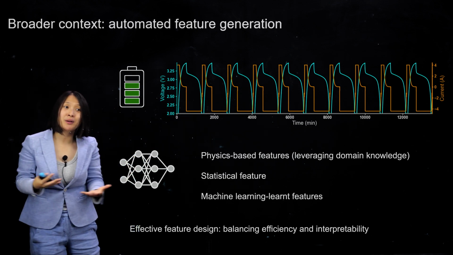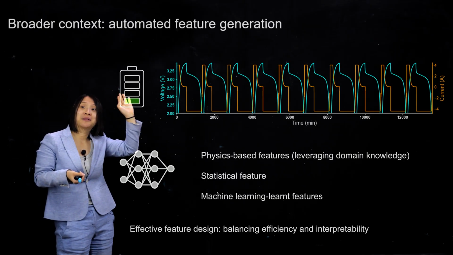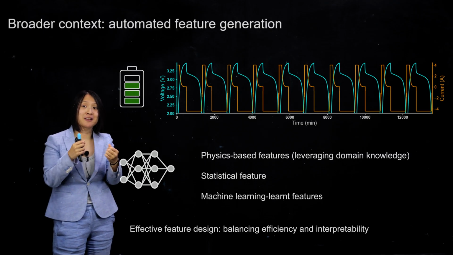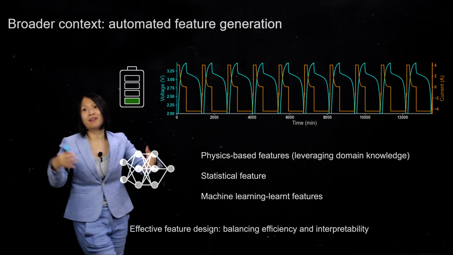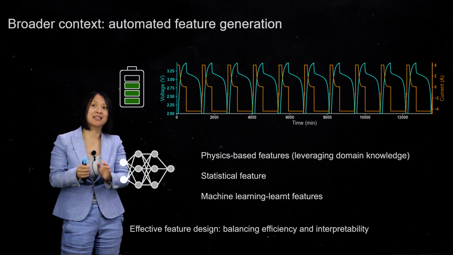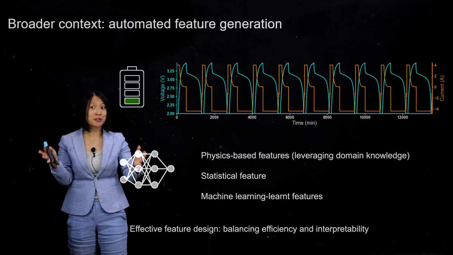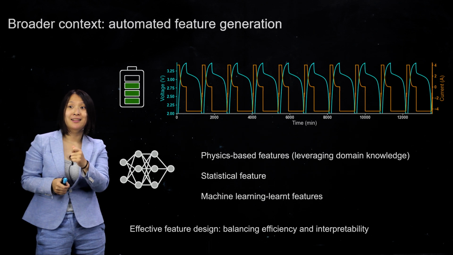We can also build machine learning models to learn which features are important, not only what we see here. We can also have everything in a latent space and use that as the input to our models.